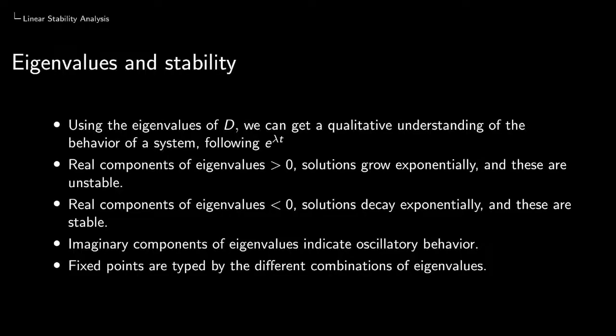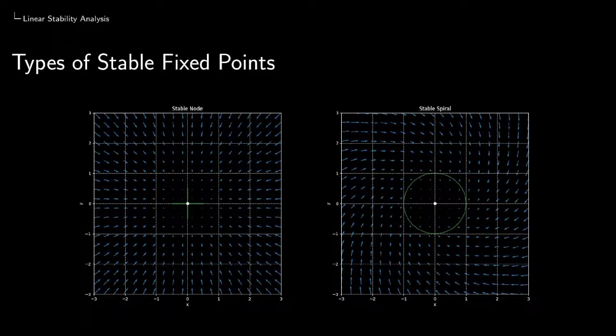So now I'm going to review a number of these different combinations. The nicest case is probably the stable fixed points. In this case we have some two-dimensional system where both of the eigenvalues have negative real component. If they're strictly real and both negative, you're going to get a stable node. If the real component is negative but it forms a complex conjugate pair, you're going to get a spiral.